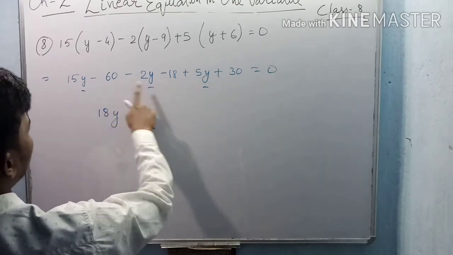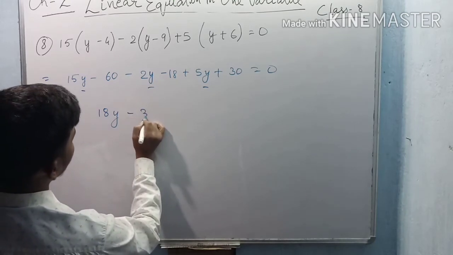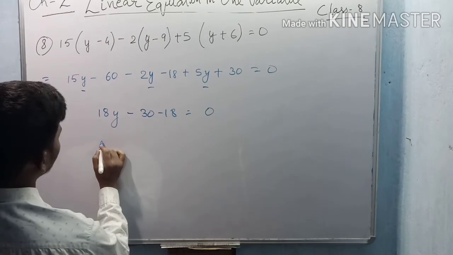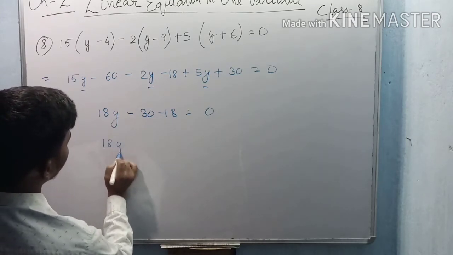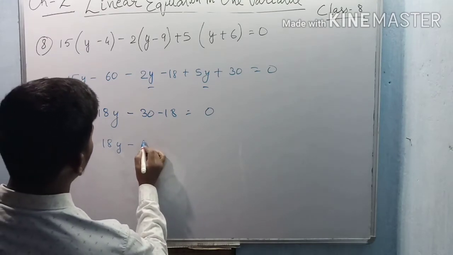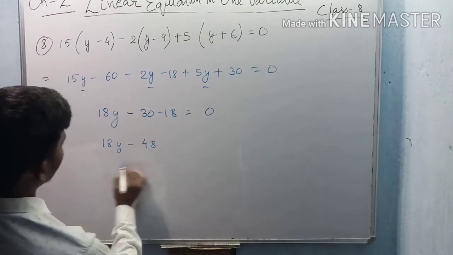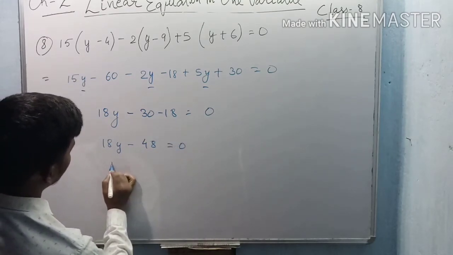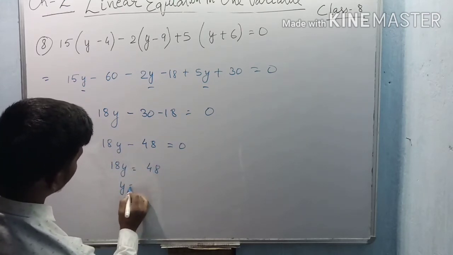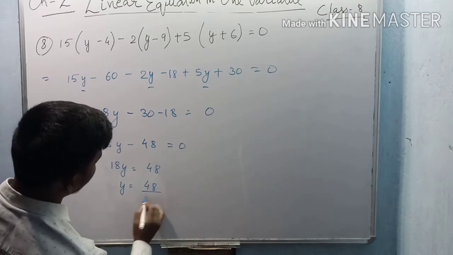So minus 30 minus 18 equals 0. So 18y equals, minus minus is plus, the sign goes with minus only. So 30 plus 18 will be what? 48 equals 0. So 18y equals 48, y equals 48 by 18.